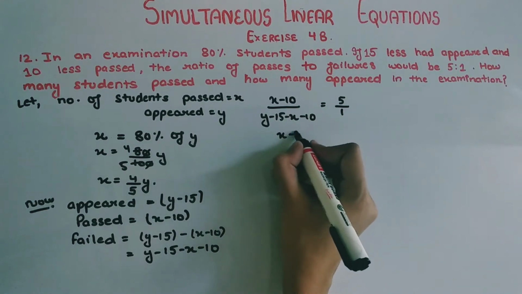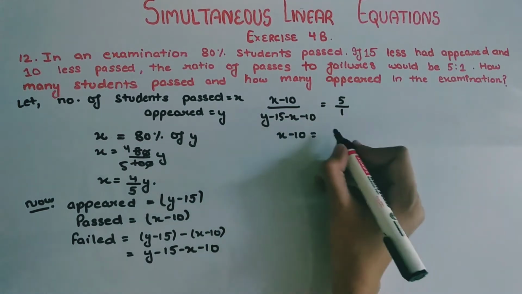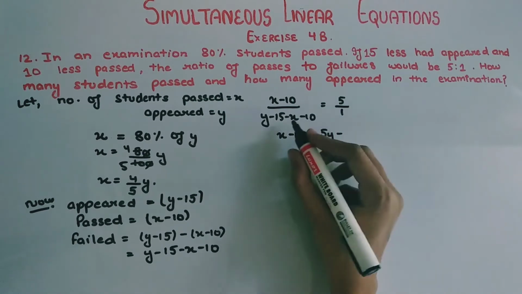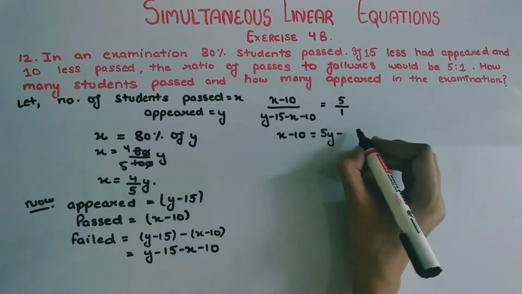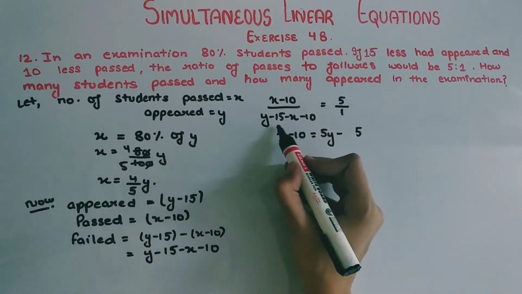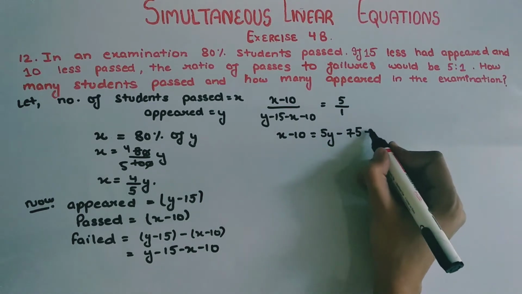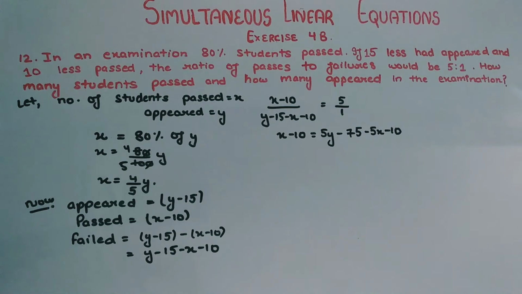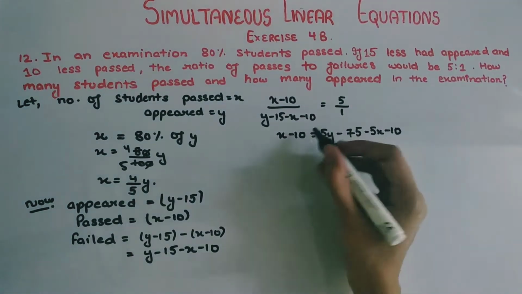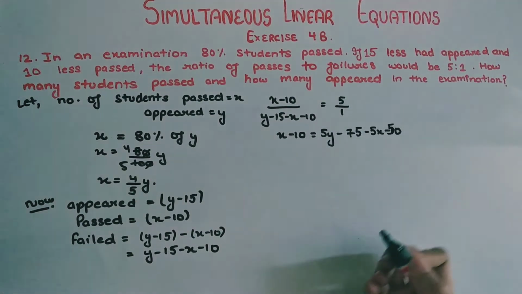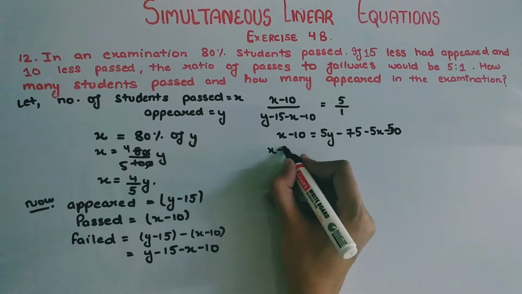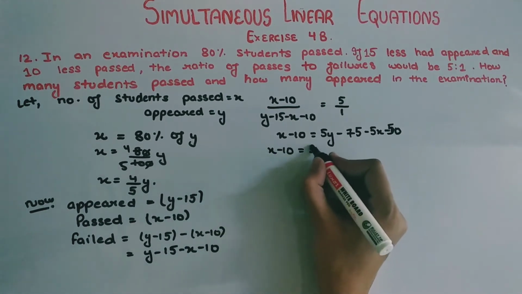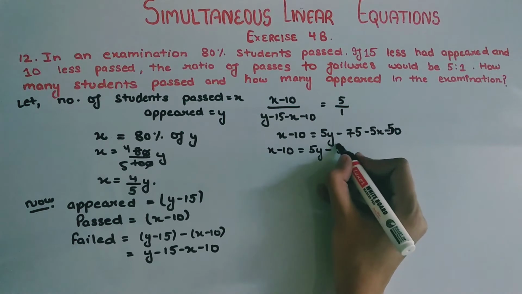We have x minus 10, that is 5 times y minus 15. 5 5s are 25, 5 to carry, this is 75, minus 5 times x minus 10. This is 5 multiplied by 10, that is 50.